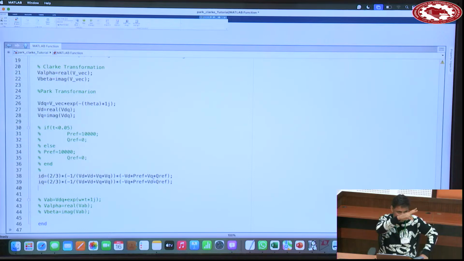You should change the position, and then change the sign. So have I put the same? Correct. So this will be minus VD P ref plus VQ Q ref. What do you think?